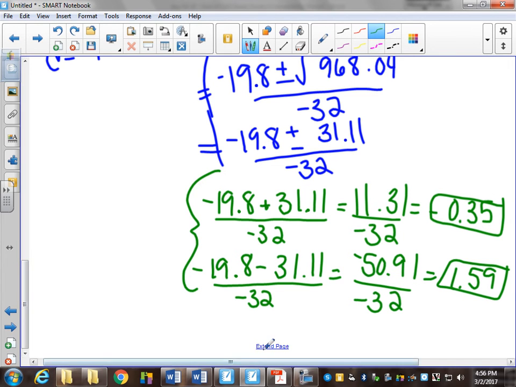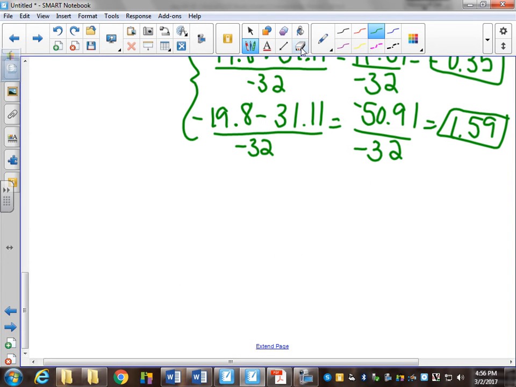Because we are talking about time, time can never be negative. Therefore, our only answer is 1.59.